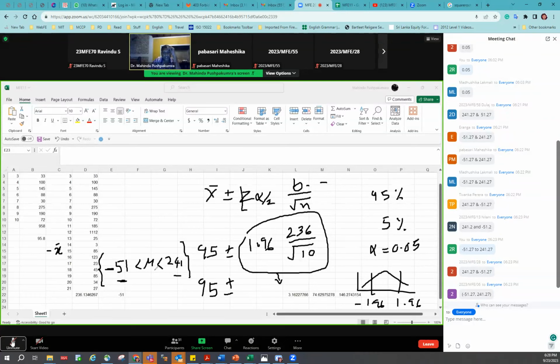And also, between a minus value and a plus value, in between we have 0. Minus 51 and 241, in between we have 0. Then I am confident that sometimes it may even be 0.